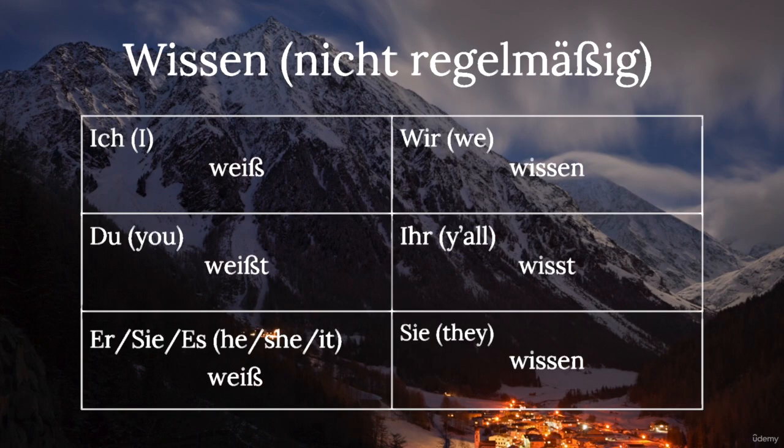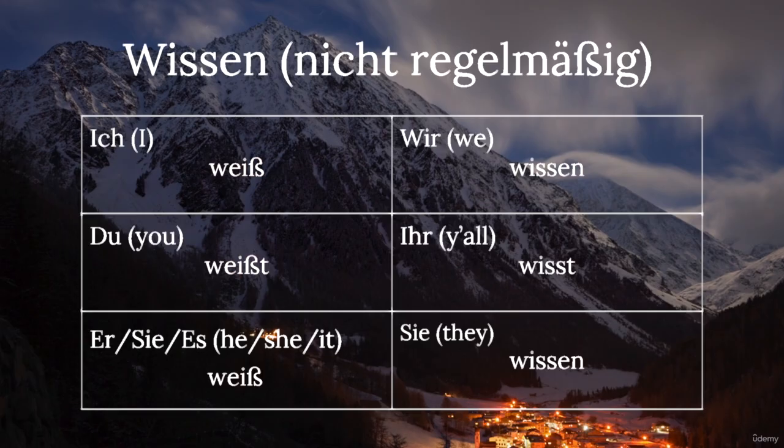Now, let's start with wissen. Wissen is also not regular, but we are going to go through it step by step. I know means ich weiß. You know means du weißt.